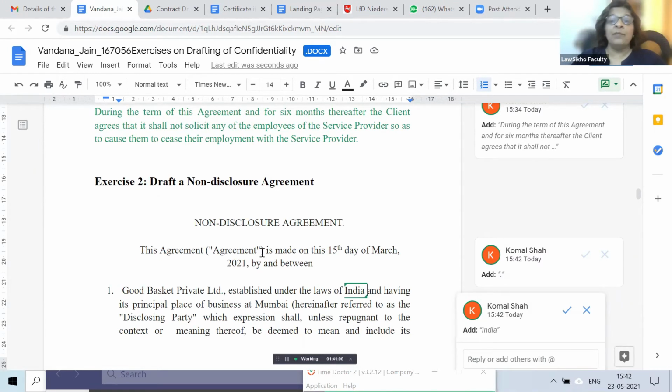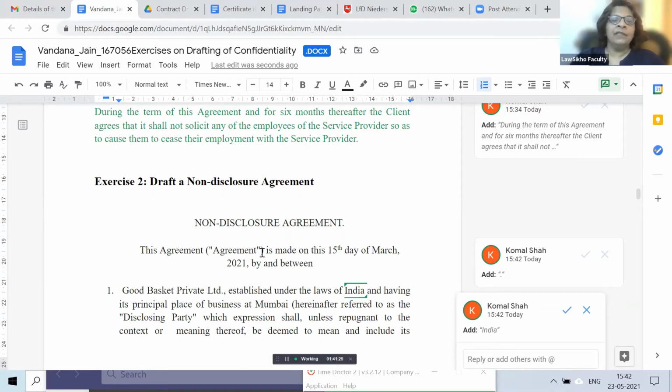That's a better way to put it instead of registered under, because people face issues, saying I was incorporated way before the 2013 Act, so I am registered under the '56 Act and that is not in place anymore. The better way to put it is a company within the meaning of the Companies Act 2013. So even if you were registered in '56, you can still say that you are a company within the meaning of the Companies Act 2013.